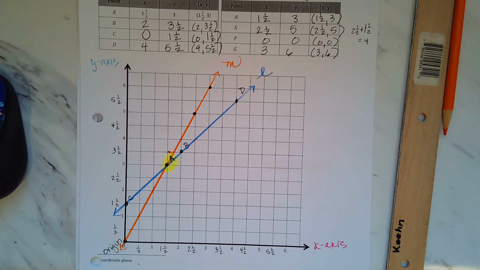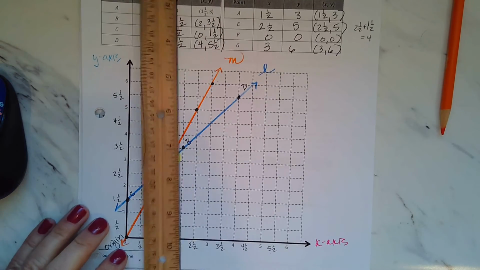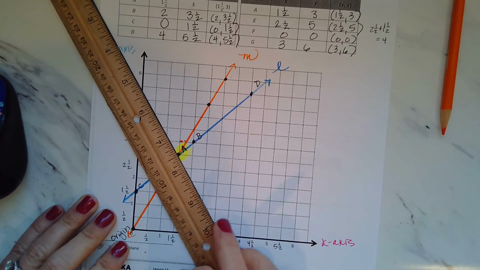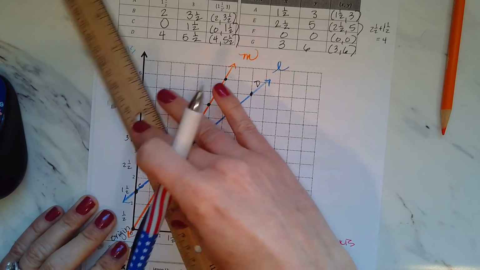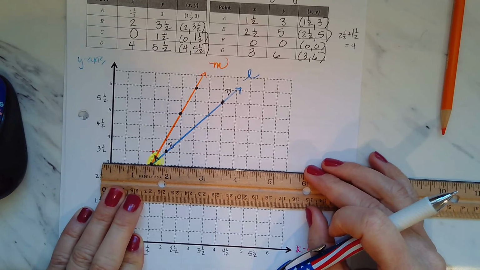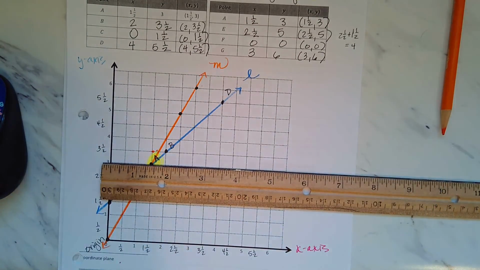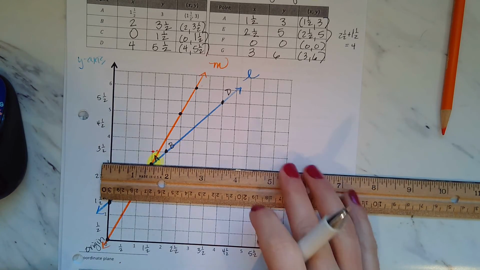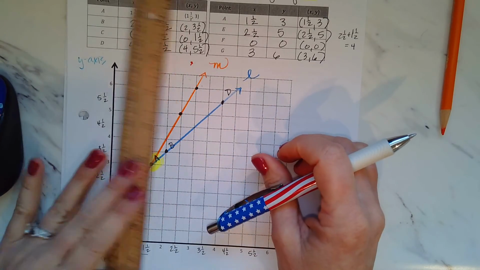All right, question. Do you think there are still other lines that could contain point A? Well, sure, why not? There are so many different x coordinates that you could start with. You could even do a horizontal line through A. We could have a line that's perpendicular to the x-axis.